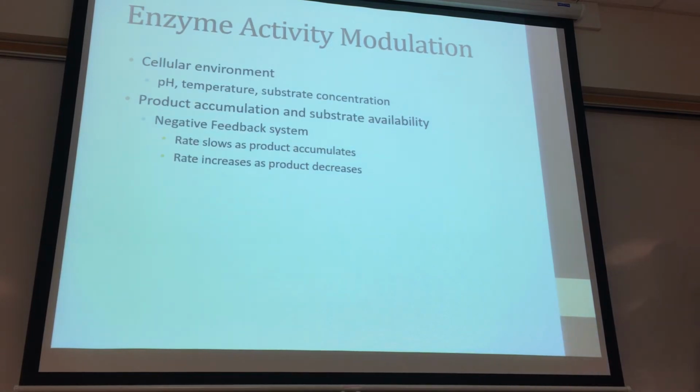Take that bath again from earlier, take that enzyme that's in there. If I'm trying to create a balance, I don't want too much man and woman, I don't want too much baby, I want just the reaction to take place. I don't want it too fast or too slow. If it happens too fast, then I get too many babies produced, too many products produced, and less of my reactants.